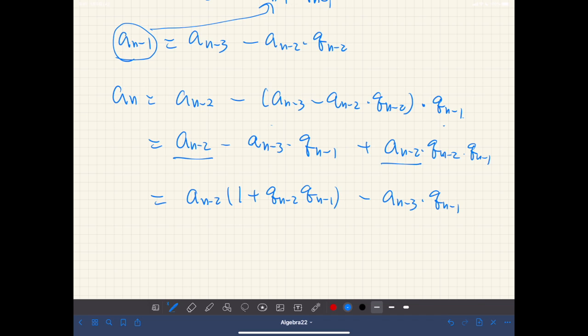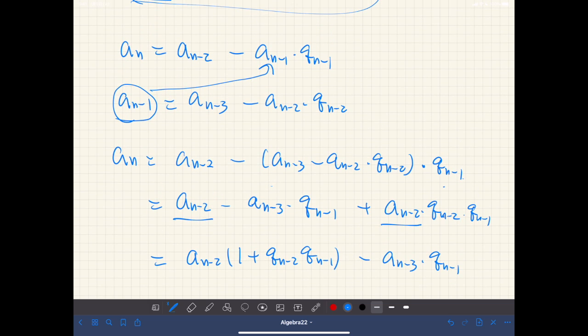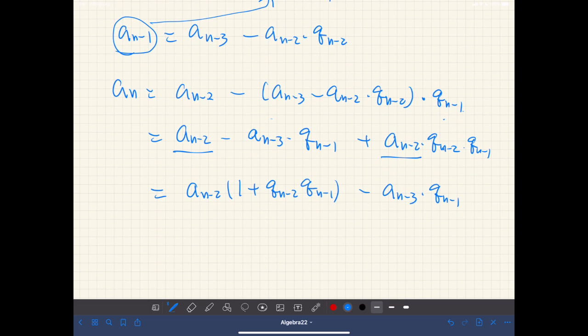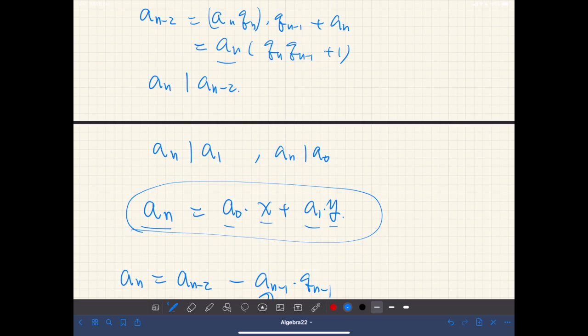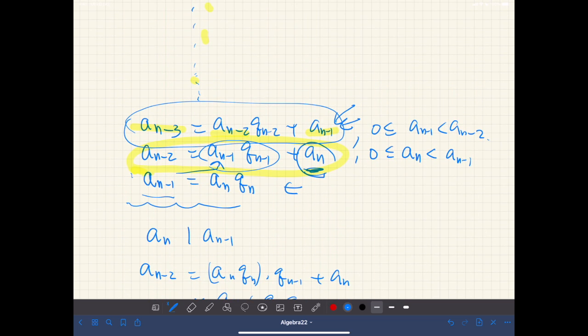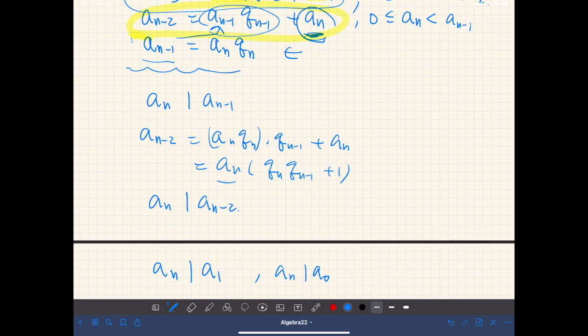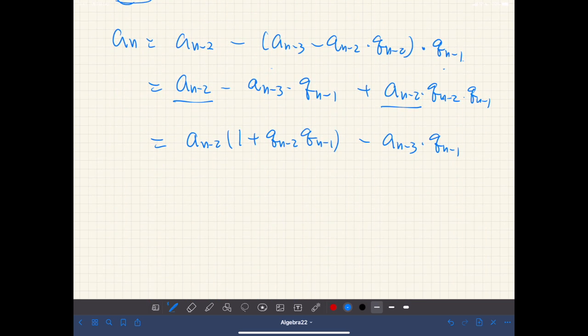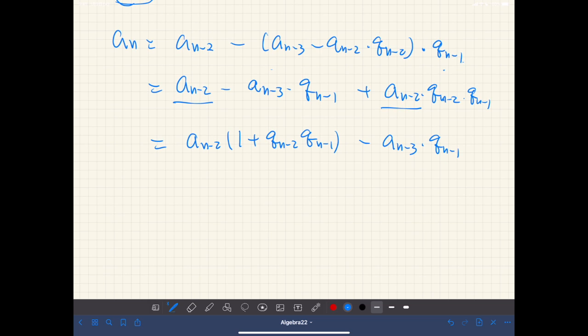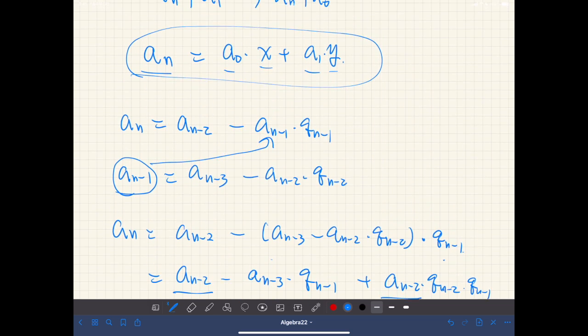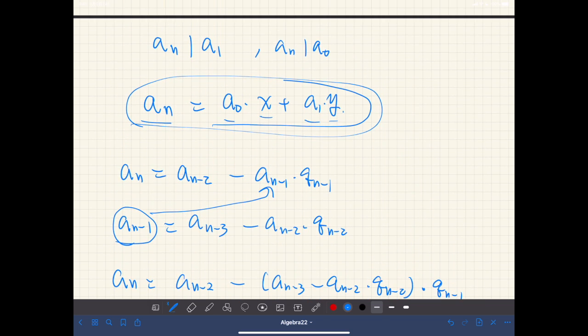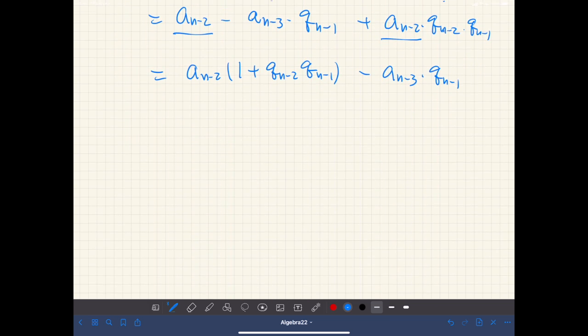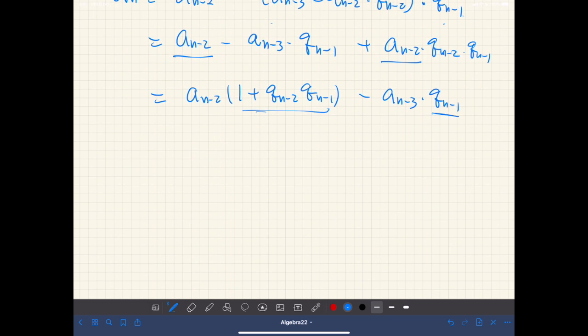And we can continue this repeatedly. Next we get rid of An-2 by using the equation just before this one, and we can repeatedly apply the same procedure. After all we will have something like this. So this x and y are some complicated expressions involving all these terms.